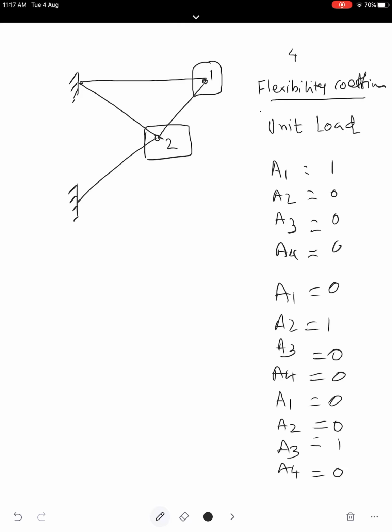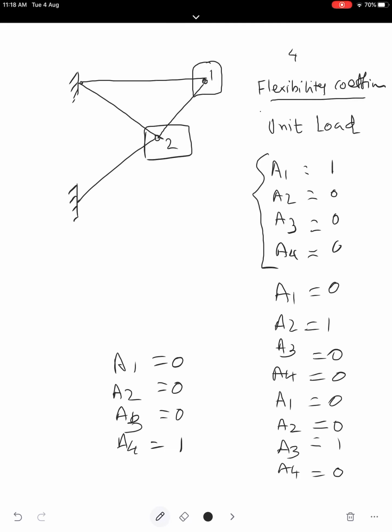And fourth case, we will apply fourth load as unit. Please understand, these 4 loadings are given, and those are acting at the joints.